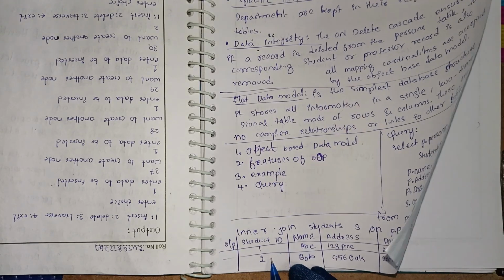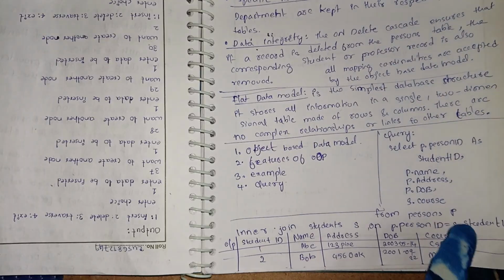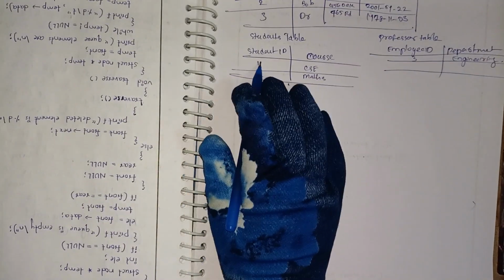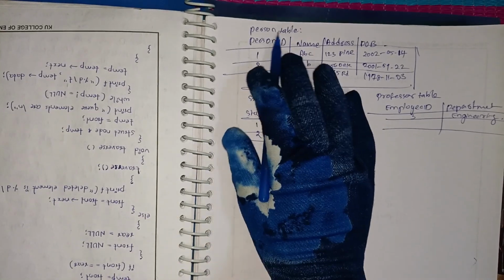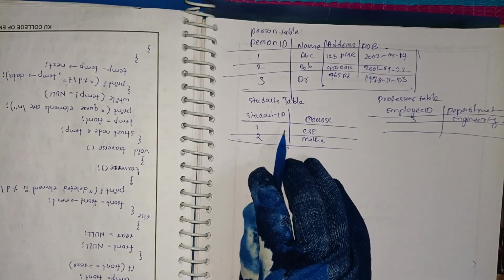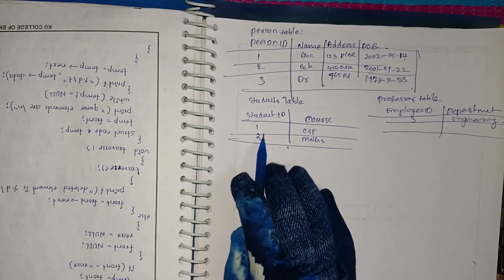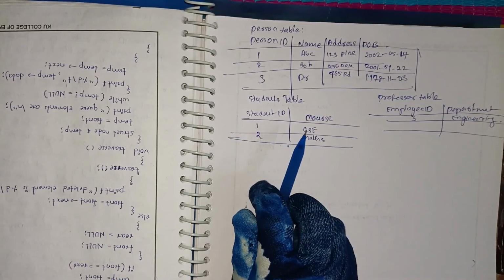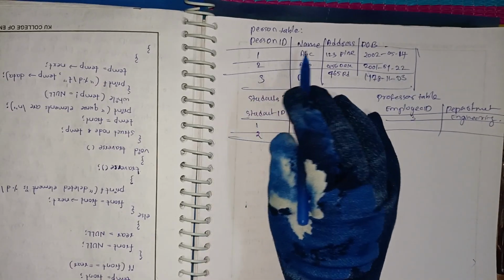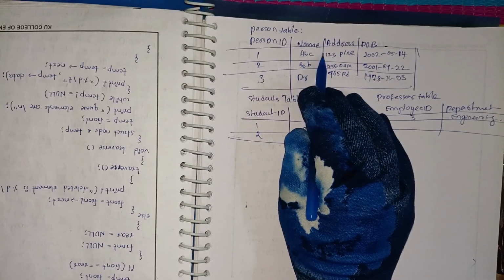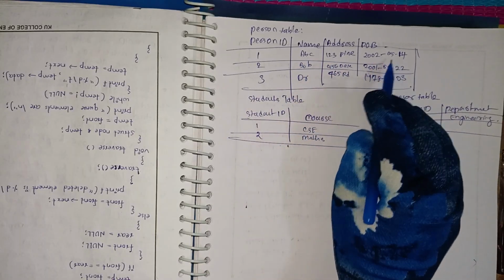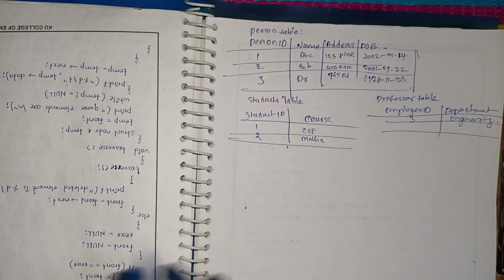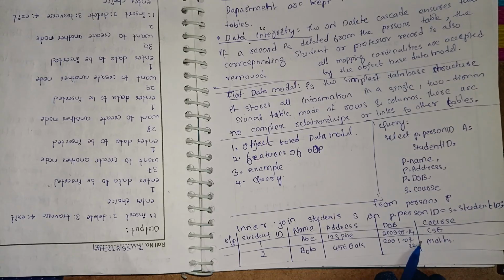It will show 2 rows only, 1 and 2, because the student table contains only 2 rows. Even though the persons table has 3 rows, the student table has 2 rows only. That's why it is giving 2 rows only. All values will be displayed here: Bob, 1 2 3 Pine, 4 5 6 Oak, 2002 5 14, 2001 9 22.